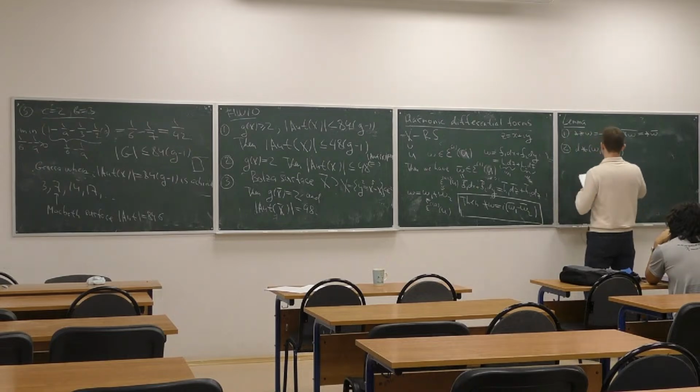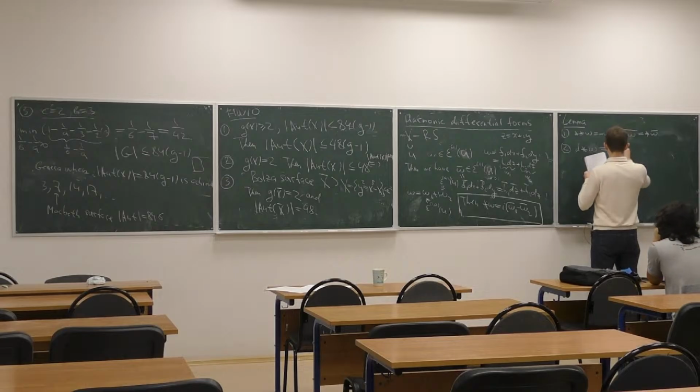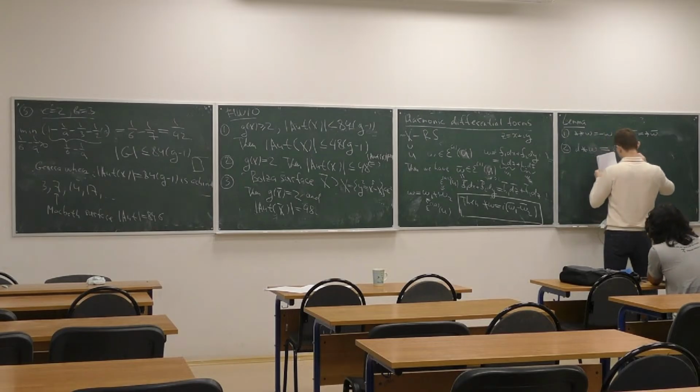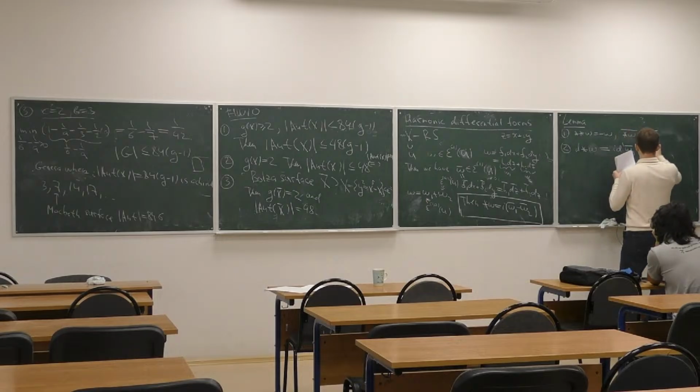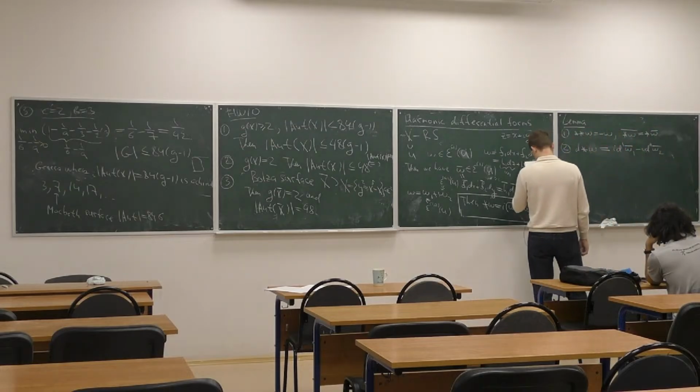Then d star omega is equal to i d prime omega 1 bar minus i omega 2 bar.